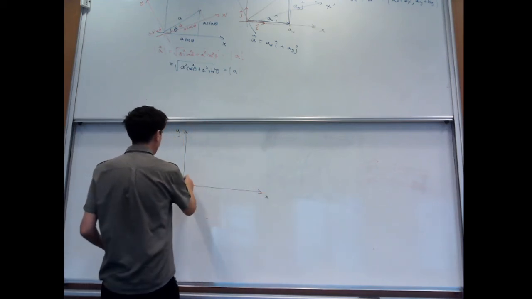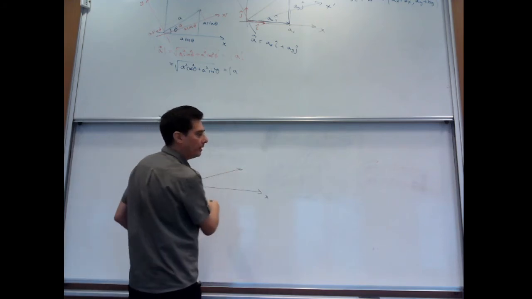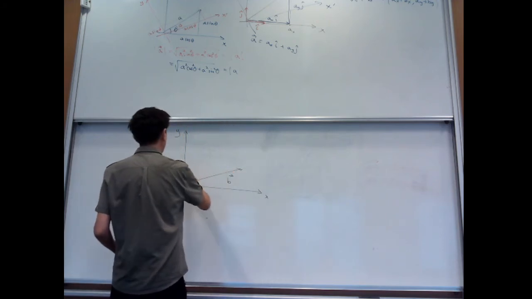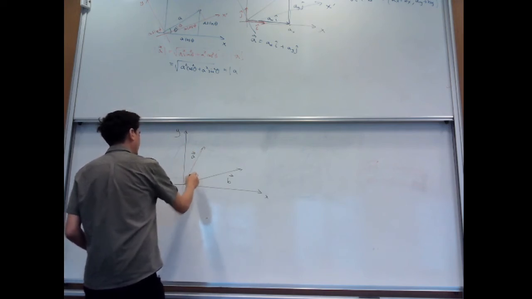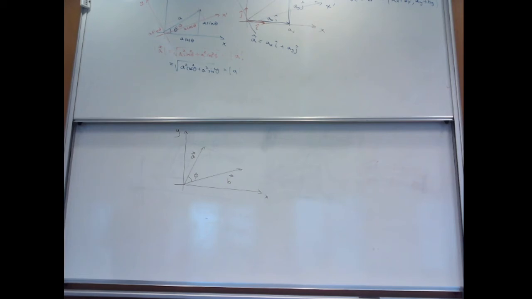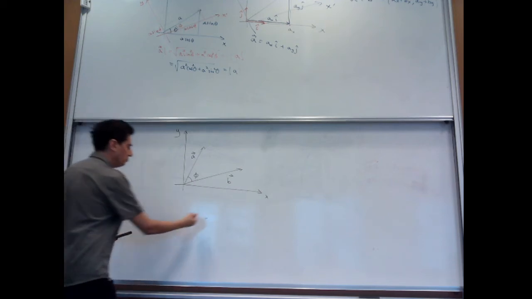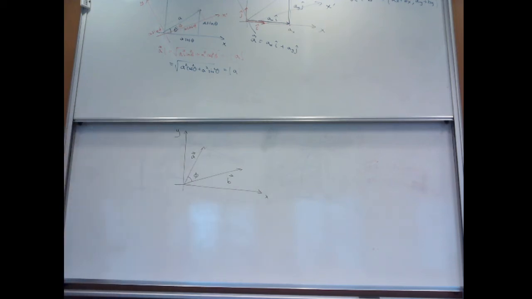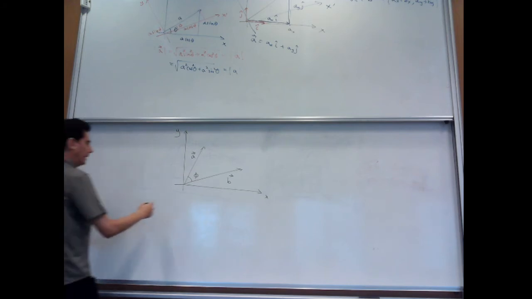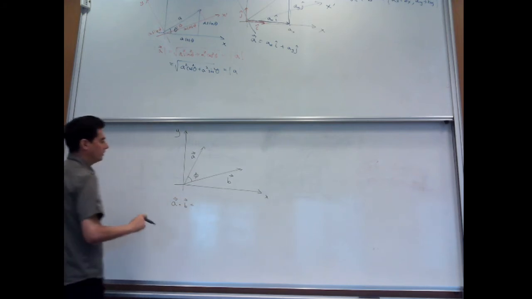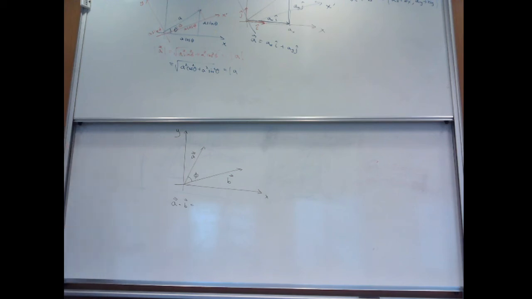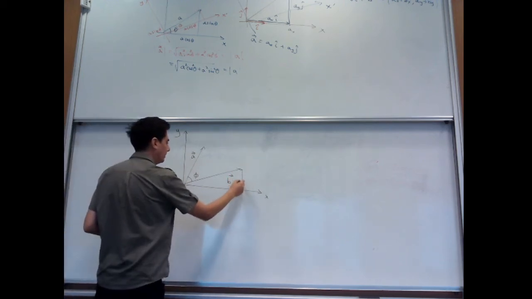Maybe I might just start the coordinates down here. So phi is this angle that's between these two. Now, the definition way of calculating a scalar product would be to simply look at these components.